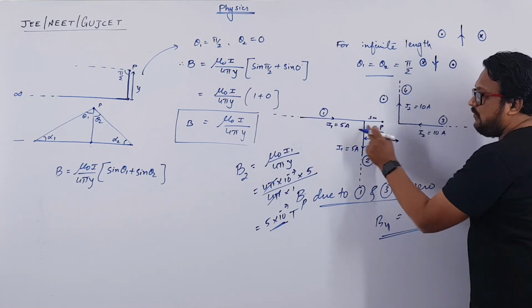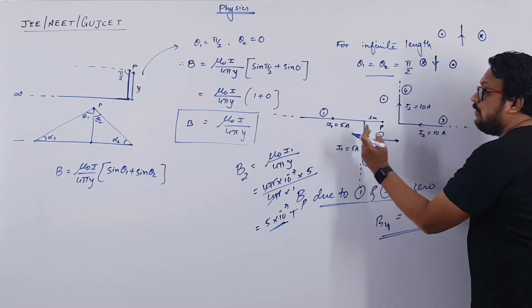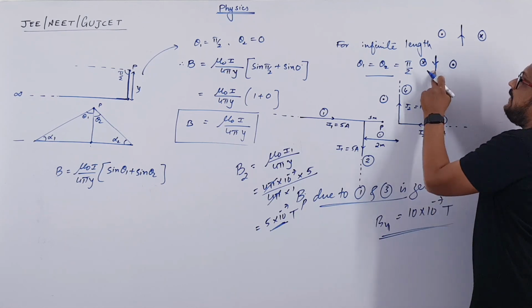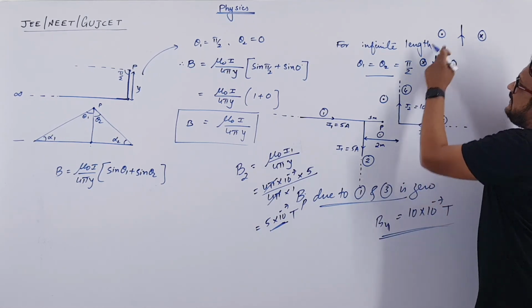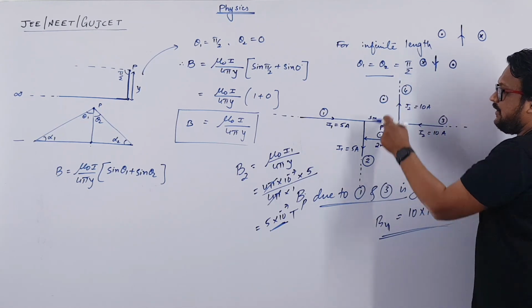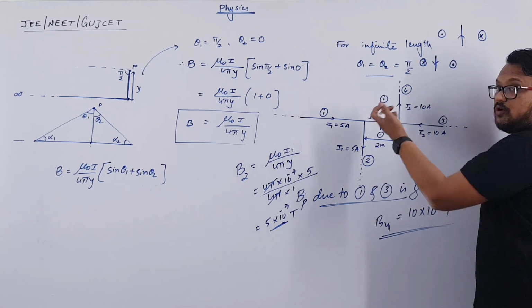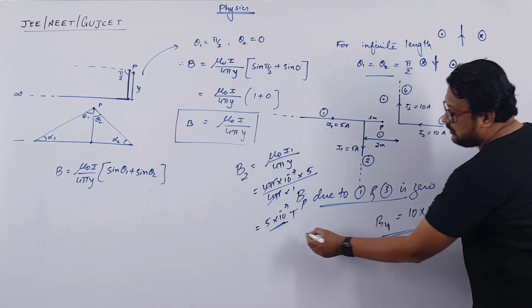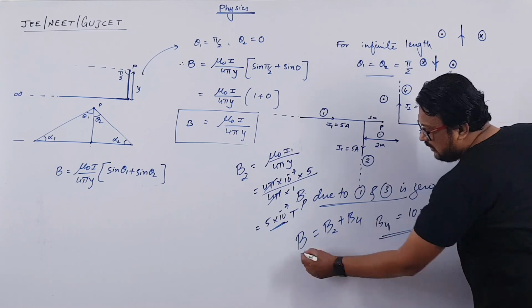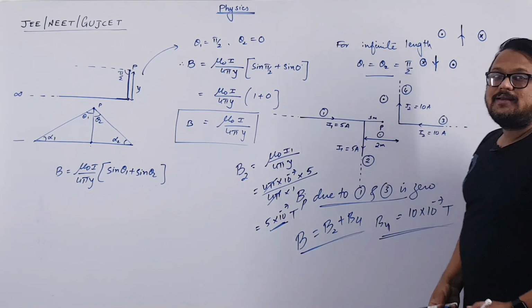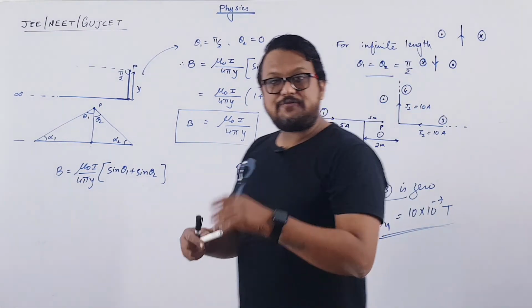We want to find the magnetic field at point P, which is on the right hand side, so it is coming out. For this wire, on the left hand side it is coming out. So both magnetic fields due to these two wires are coming out of the plane of the board and perpendicular. So the resultant magnetic field will be the magnetic field due to the second plus the magnetic field due to the fourth, and you have to add these, right? Quite simple, just a basic concept which you should know.